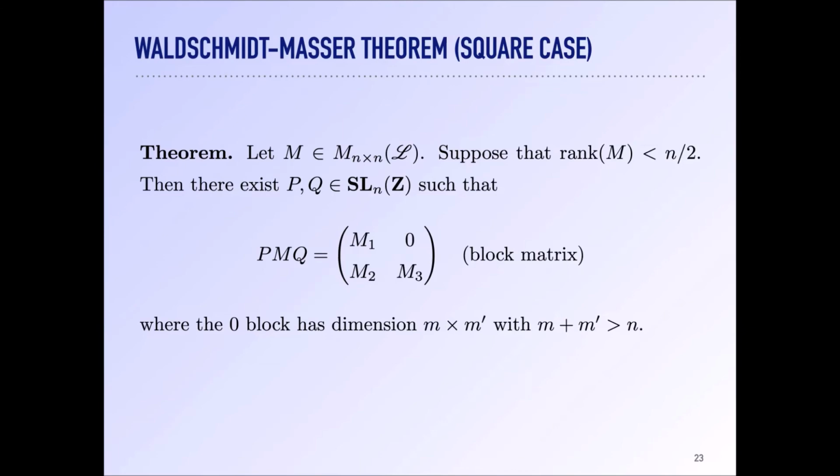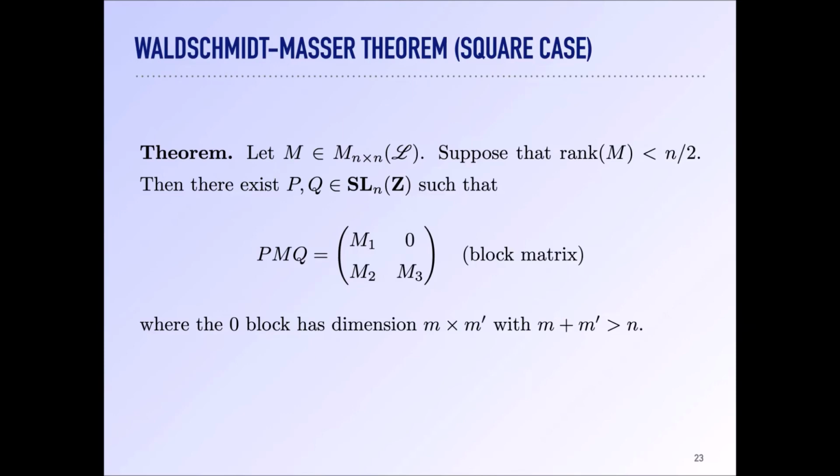For a square matrix, it's basically half what you expect. Let's say you have an n by n matrix M, and suppose the rank of M is less than n over 2. So the rank is at most half what it could be.